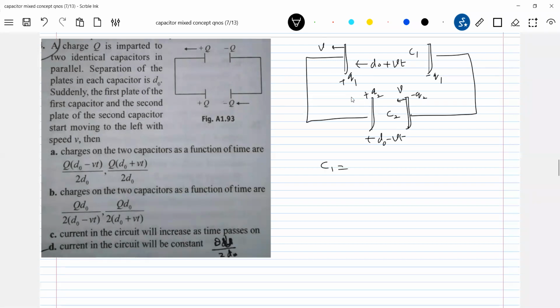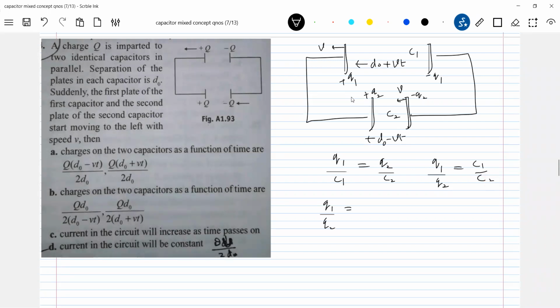So apply KVL. From that KVL we can write Q1 by C1 equal to Q2 by C2, so this will be Q1 by Q2. So what is C1?